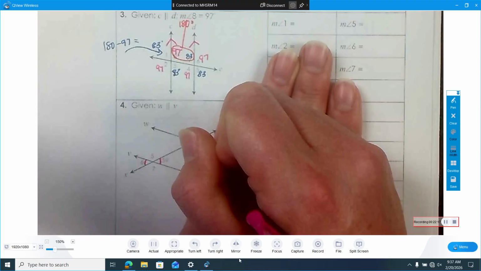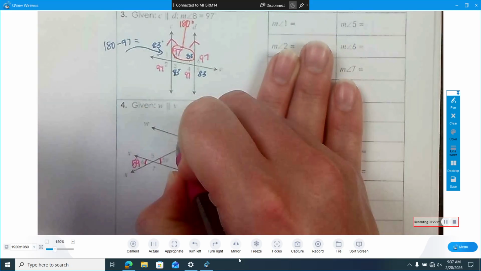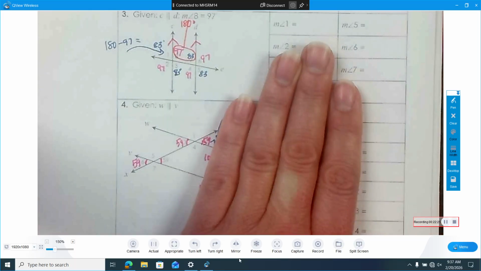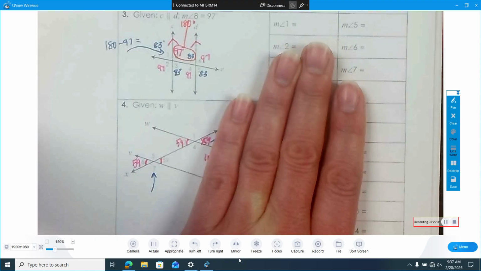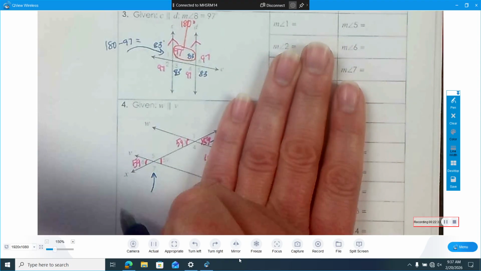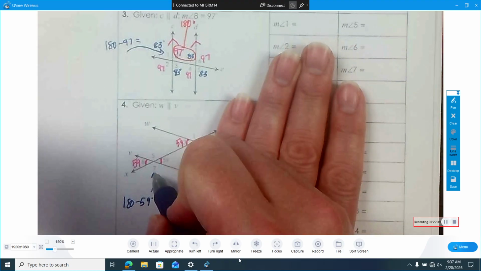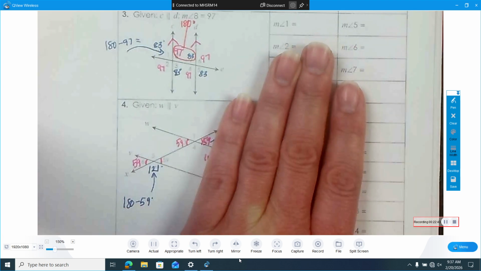Yeah, 6, 3, and 2 are all 59. 59 and 59 degrees. All right, beautiful. And then how can I figure out angle 7? Yeah, so 180 minus the 59 degrees, and what does that give me? 121, yeah.